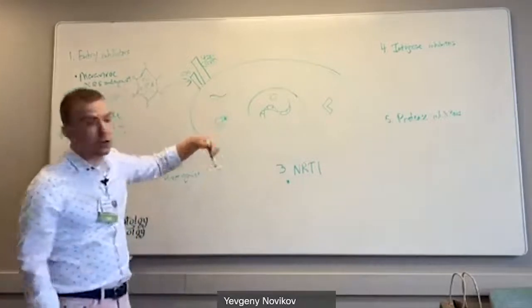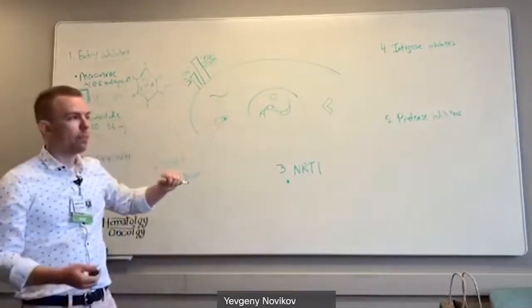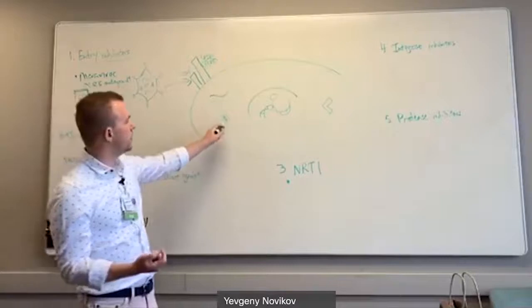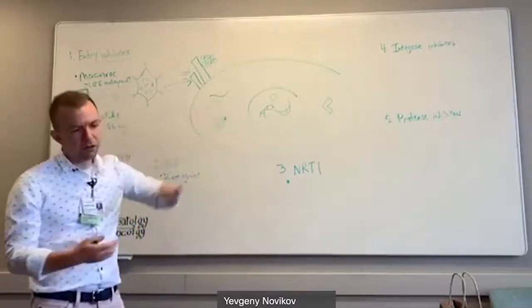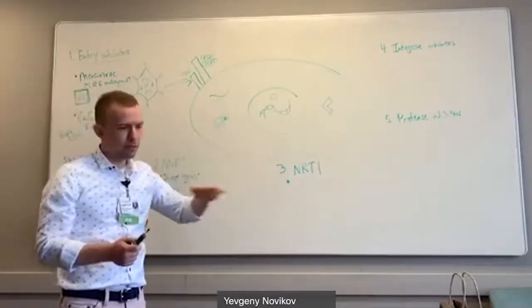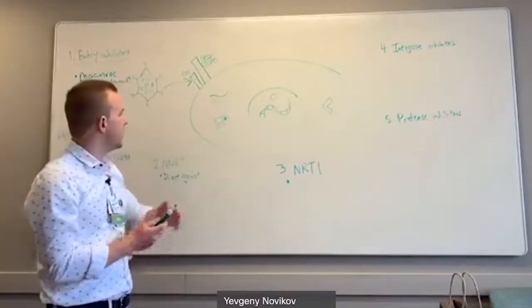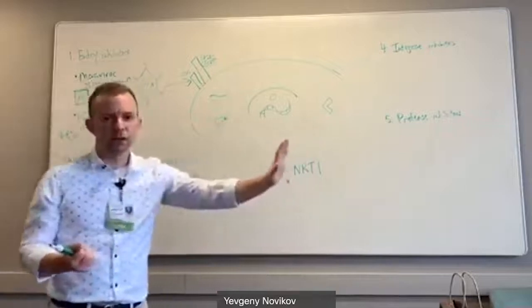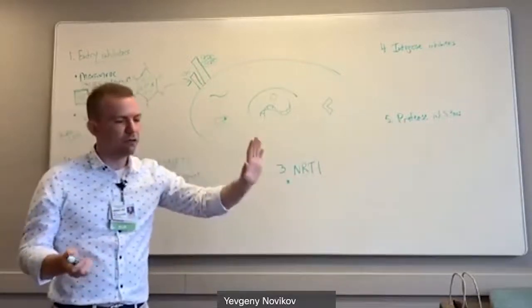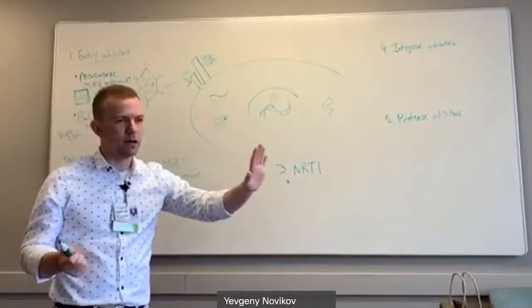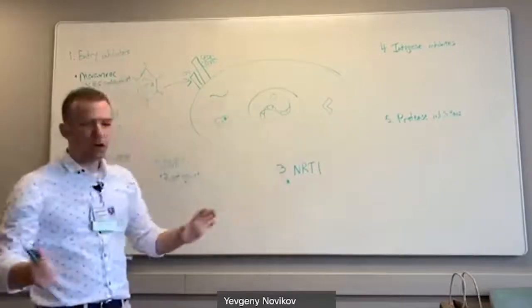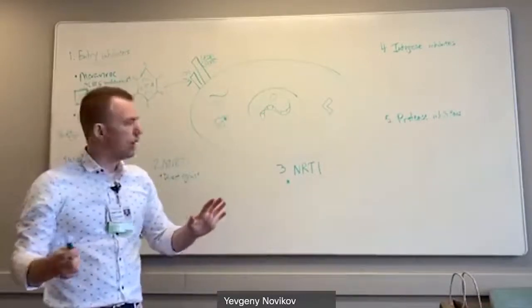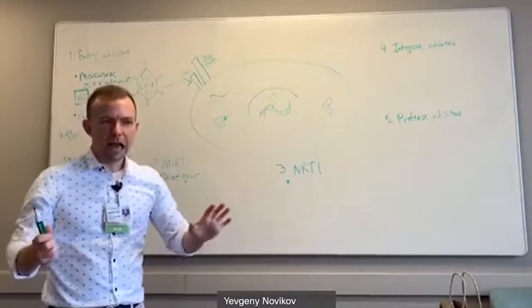So they're nucleoside analogs. So you're going along, you've got the RNA in the binding groove, it's making the complementary DNA strand, it's putting in, and then it hits one of the NRTIs, and then the reverse transcriptase says, what in the hell is going on? There is no 3' hydroxyl group on this particular molecule. How the hell am I going to add something else?